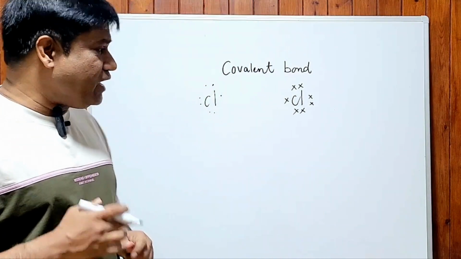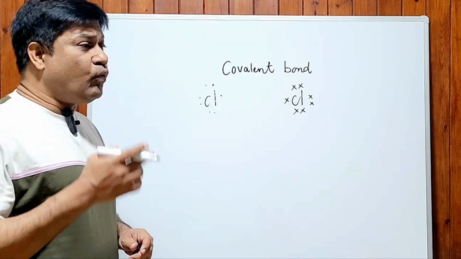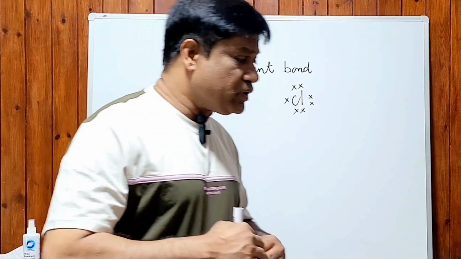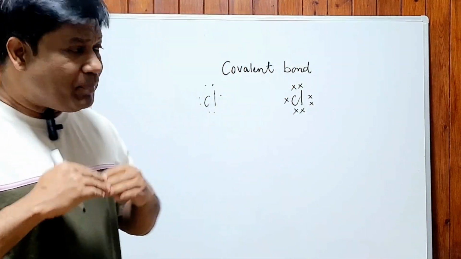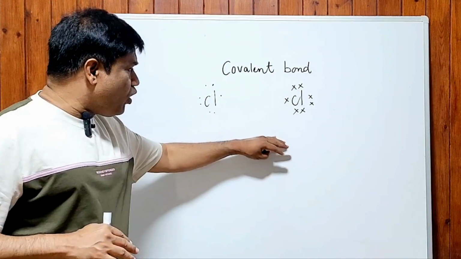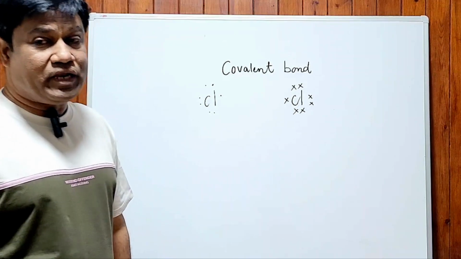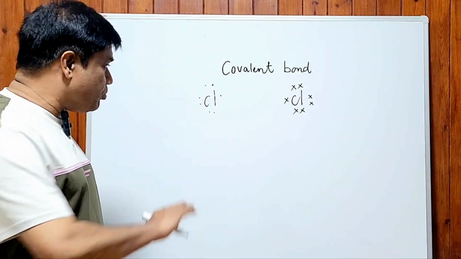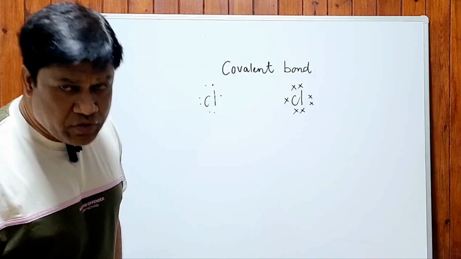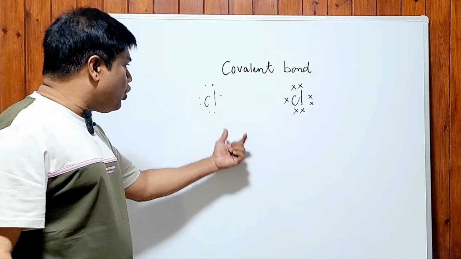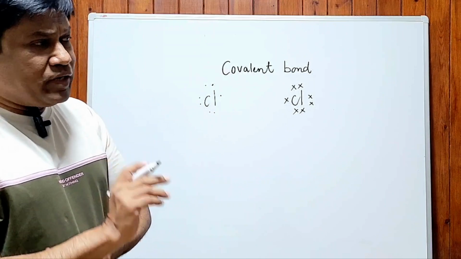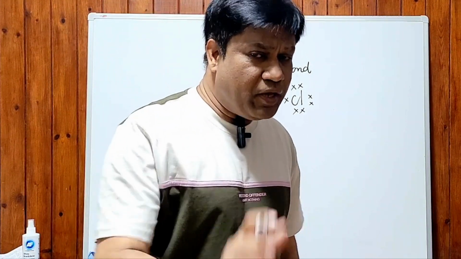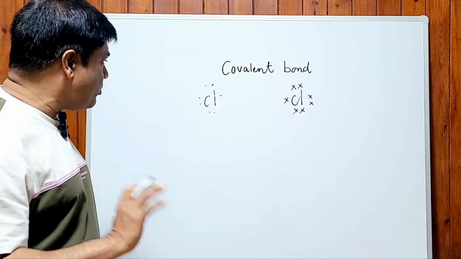Yes, they can gain the electron only when they can accept a pair of electrons from the metal. But in the case of two non-metals, they can't gain the electron. So what is the alternate choice? The alternate choice for both of them is to share a pair of electrons. So a covalent bond is formed by simple sharing of a pair of electrons between two non-metals.